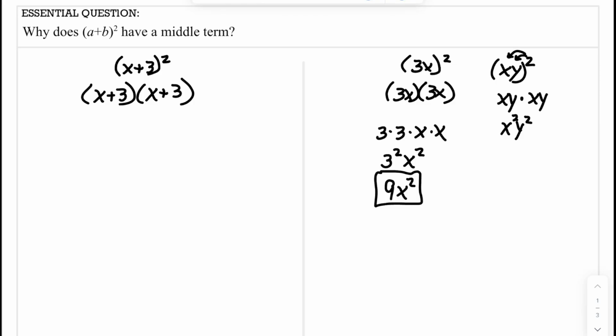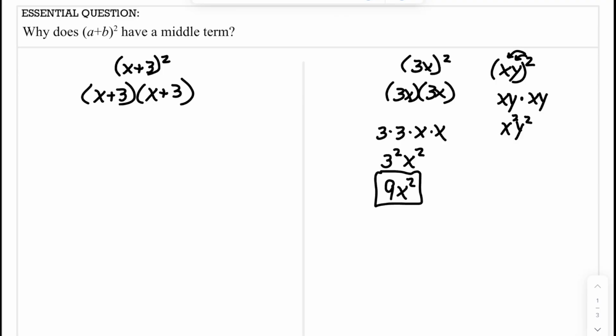Now on the left side, we are adding, so this does use the distributive property. And what we're doing here now is we're taking this x plus 3 and we're distributing that to the x, and we're distributing that to the 3. So that's where the FOIL pattern comes in. If you've heard FOIL, which is first, outer, inner, last, it's just a name given to the distributive property.